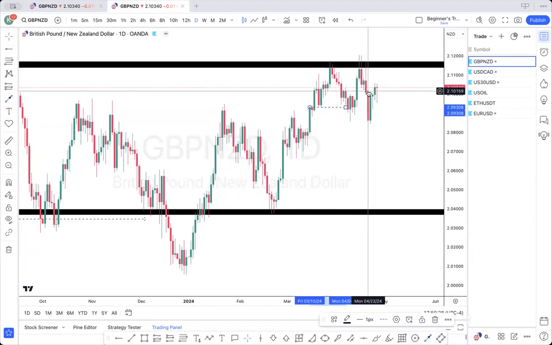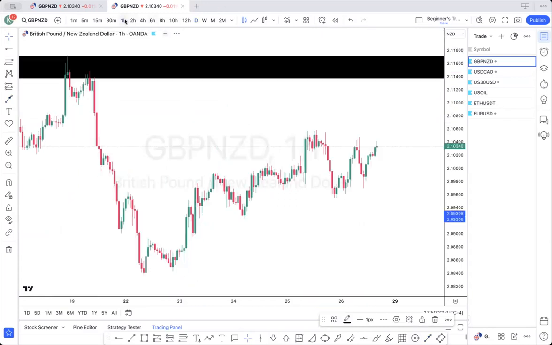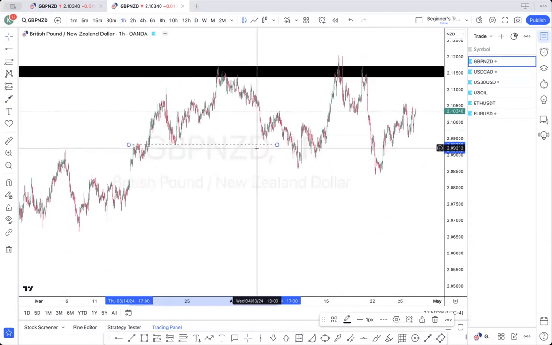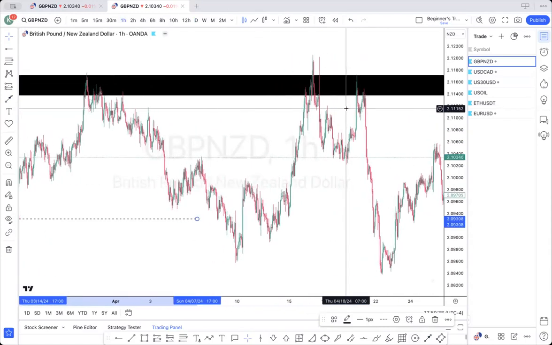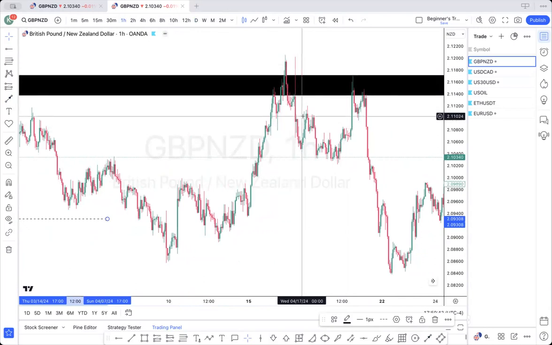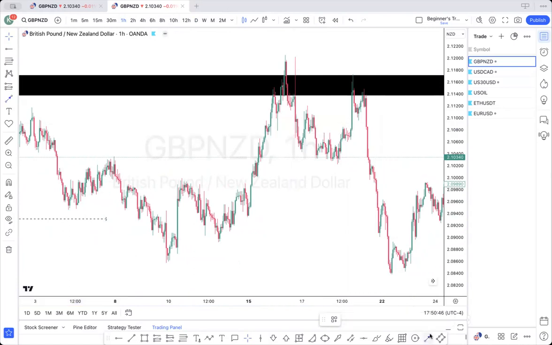That's what I need to see. It pulled back. And then I'm going to go down to my 1 hour. So once price broke, it came back in the zone, broke back in the zone, and broke structure.